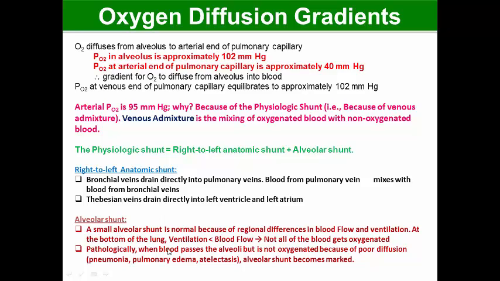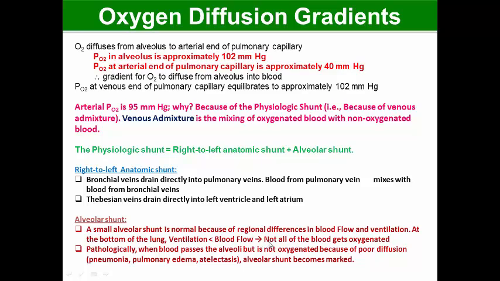under normal conditions, we have a small alveolar shunt. And this is because of the regional differences in blood flow and ventilation. We will describe this in one complete lecture. So at the base or at the bottom of the lung, ventilation is less than blood flow.